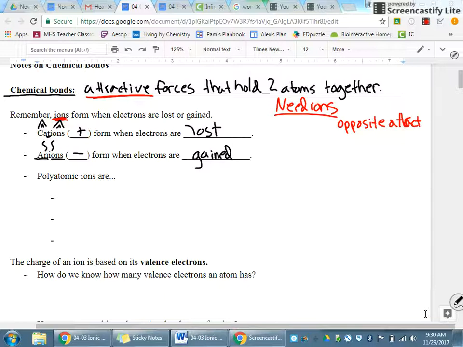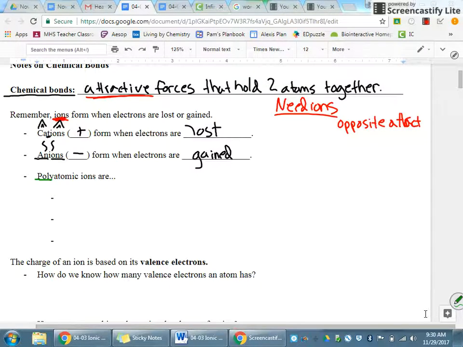So we're familiar with this idea of ions, but today we're going to be introducing something different. Polyatomic ions. So what are polyatomic ions? Well, if we just look at the word, you can see that we've got the word poly. If you've ever taken a history class, we know that polytheism means multiple gods.